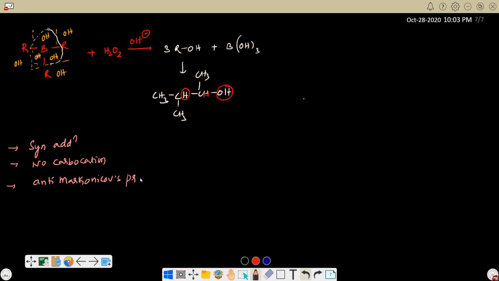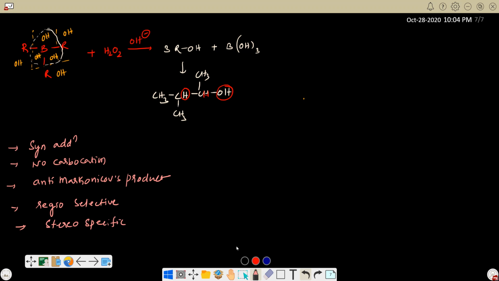Next, it is regiospecific, regioselective, that means where we have to put OH will be decided. And next, stereospecific; stereospecific means syn addition or anti addition. Okay, these are the characteristics.